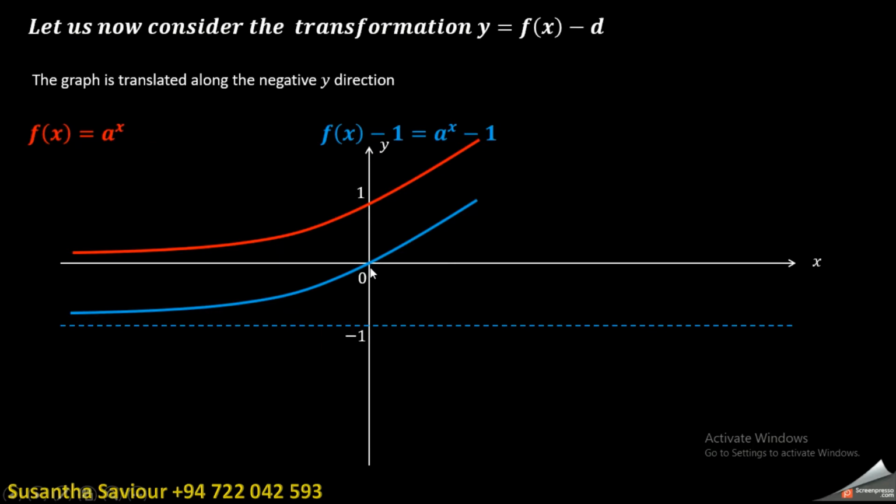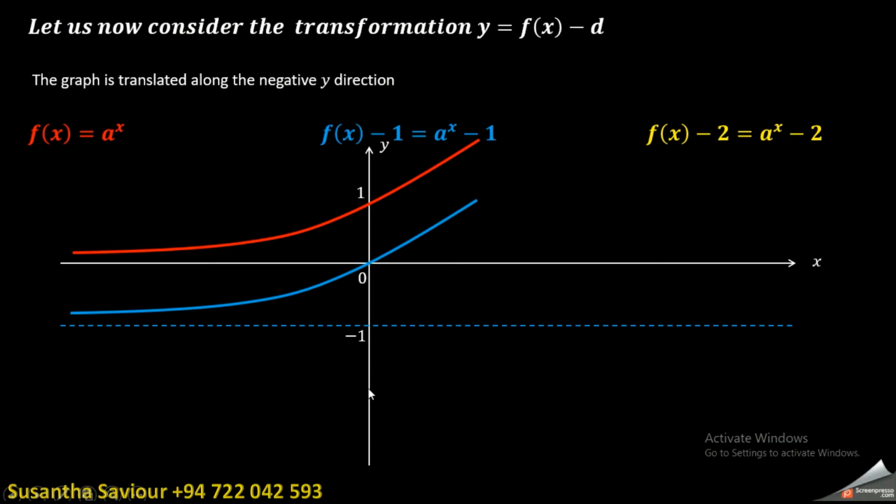Okay, we'll look at a similar example. f(x) minus 2. This is yet another transformation of this one. a to the power x is the basic graph. f(x) minus 2 means a to the power x, minus 2. This original graph will be moving down by how many points? Moving down by 2 points. Now this 1 will come and stop at minus 1. 0 will go to where?